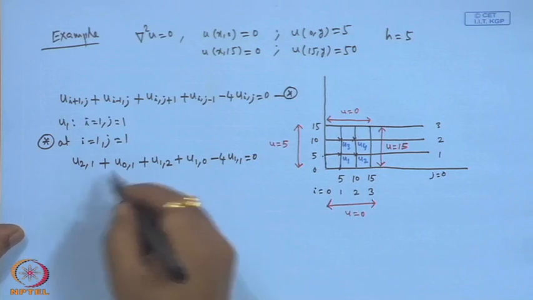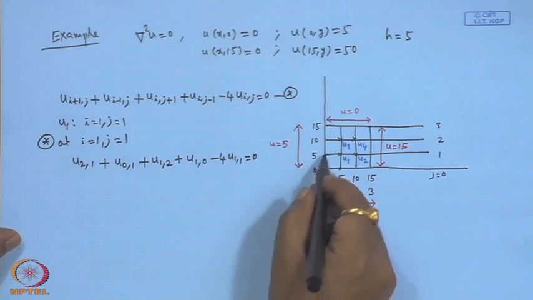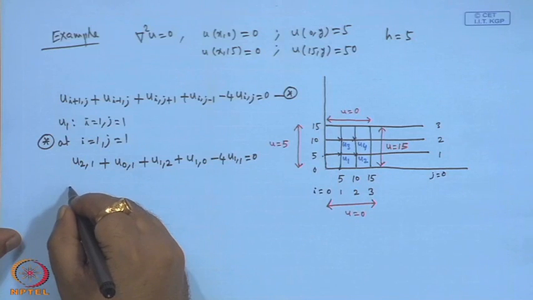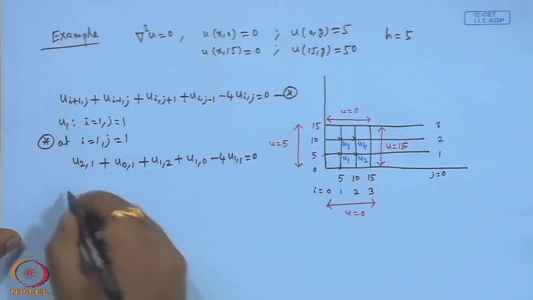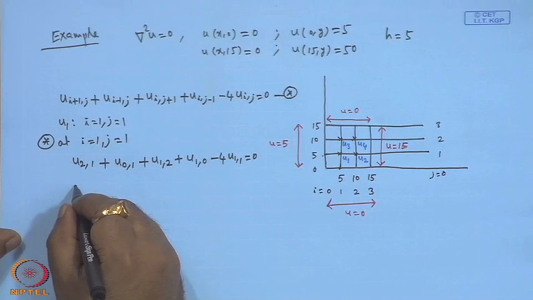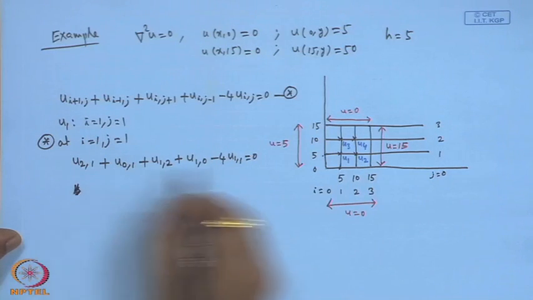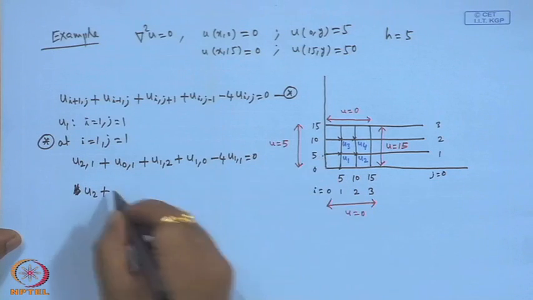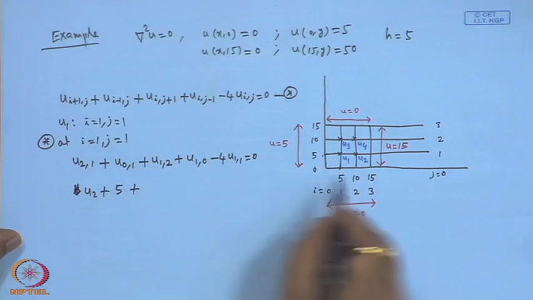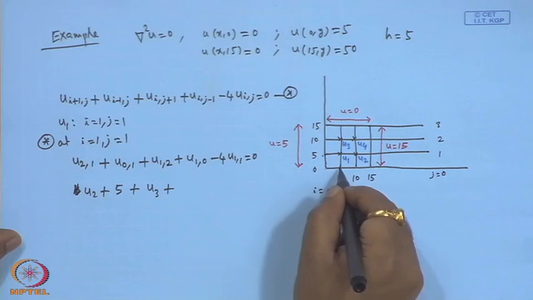Okay. So, when I switch over to the other notation, simply it will ask for the value here. So, the value here is on this boundary it is 5. So, 5, and inconsistent with this u 2 1 first. So, let me write down u 2 1 is nothing but u 2, u 0 1, 0 1 is this, 1 2, that is u 3 and 1 0.